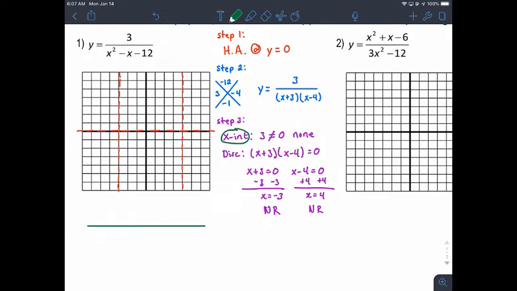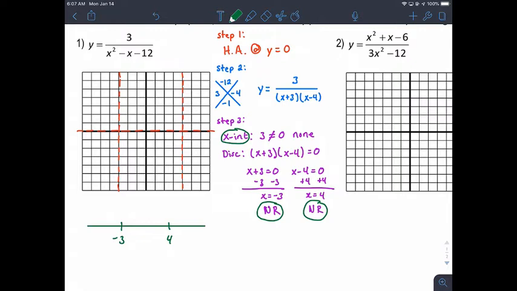So we circle the x-intercept in our work and any non-removable discontinuities. So we've got two non-removable discontinuities. We're going to put all of these on our sign chart. There is no x-intercept, so we're not going to put that there. Non-removable discontinuities, though, we have negative 3 and 4. We're going to put those in order on our sign chart. So we have negative 3 and we have 4.